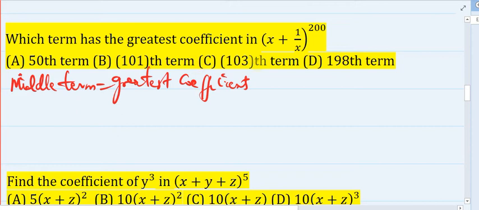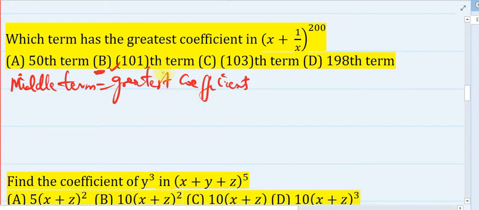Here, this is power 200, and it will have 201 terms. Do you get the logic? The expression, if you expand it, you get 201 terms, meaning the greatest is the middle, and the middle is now 101. So the answer is B.